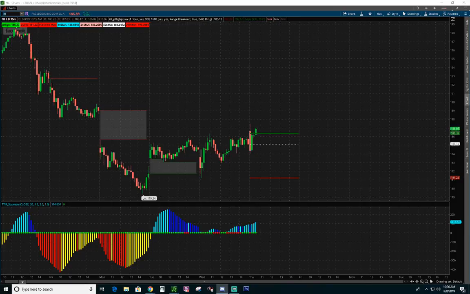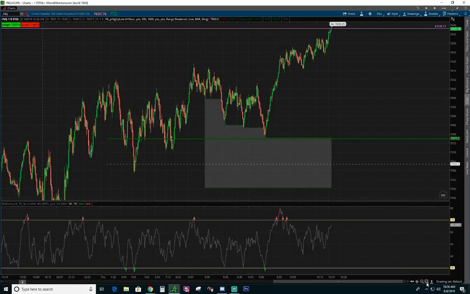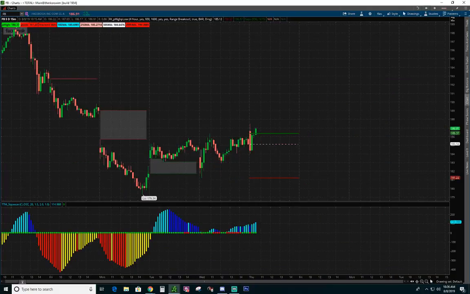Something just went off. Oh, the Nasdaq has crossed the 50. NQ is at the 50 level. Oh, we strong now.